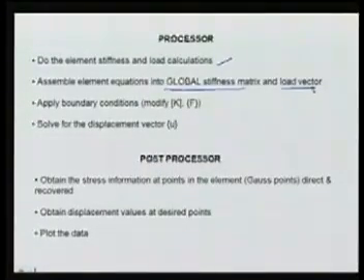Similarly, the load vector also has to be modified. If I have a Neumann condition at an end, then I have to add the effect of that end load applied to the global load vector. If I have a Robin boundary condition, then I have to modify both the stiffness and the load vector entries. Why stiffness?